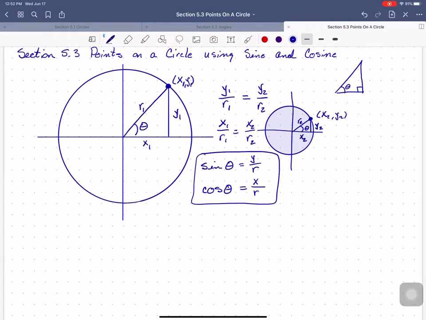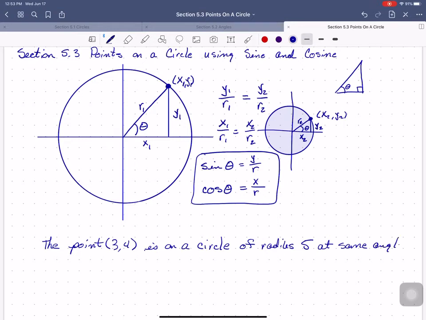So think about, for example, the point (3, 4) on a circle of radius 5 at some angle theta.